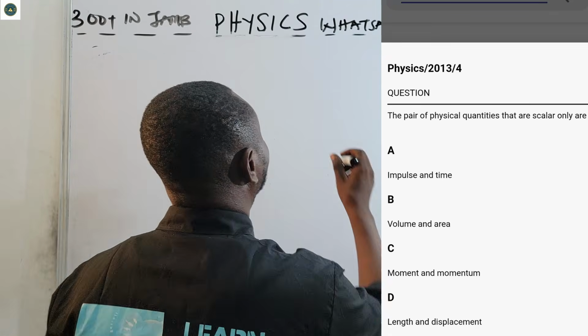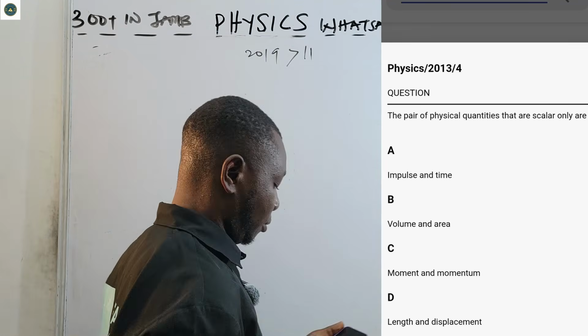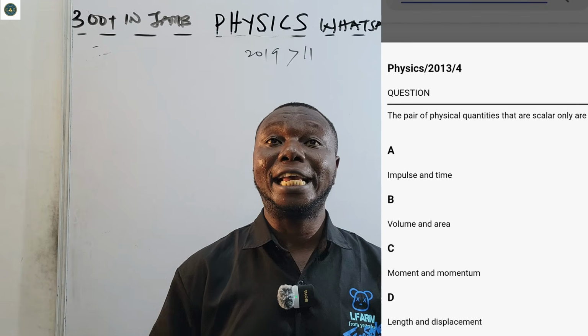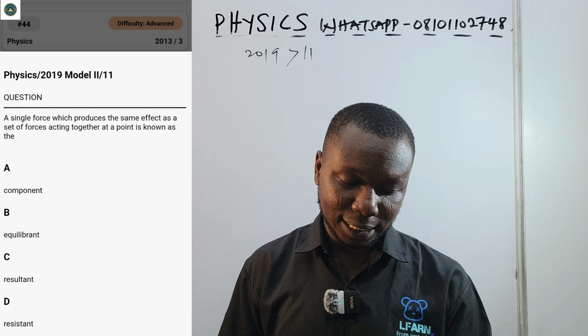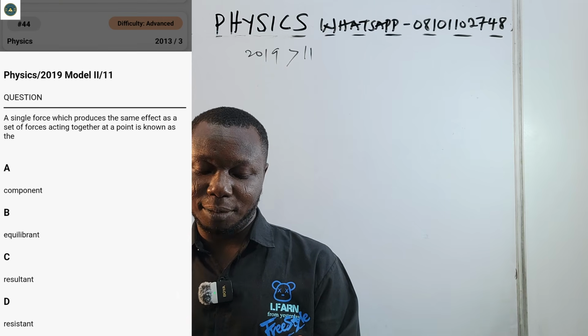Now, 2019, question 11. I've explained this before. It said a single force which produces the same effect as a set of forces acting together at a point.